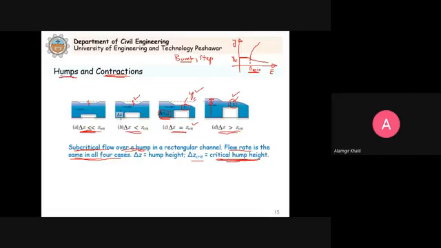Previously this was the hump height, and this was the depth of water upstream of the hump. But now the water depth has increased. Clear? So when we increase the hump height, the depth upstream of the hump increases, because the water wants to gain the energy. You will see here the depth has increased.